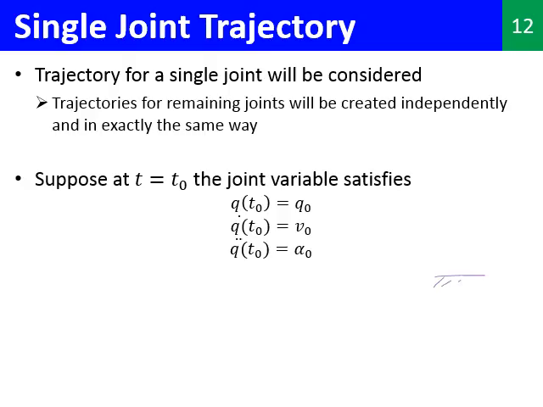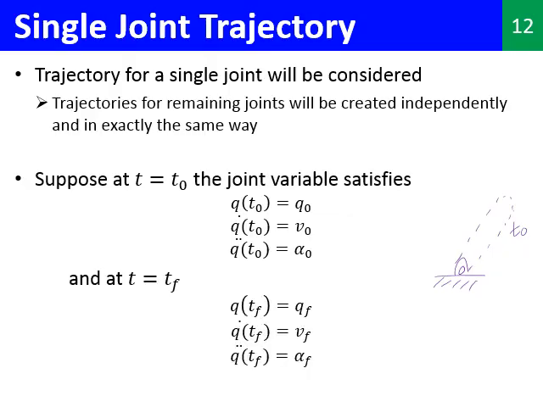These are the initial conditions at t naught, and at t equals tf, the joint position is qf, joint velocity is vf, and joint acceleration is alpha f. Here we have tf, this is the single joint that we are considering, this is our motion, and these are our constraints.